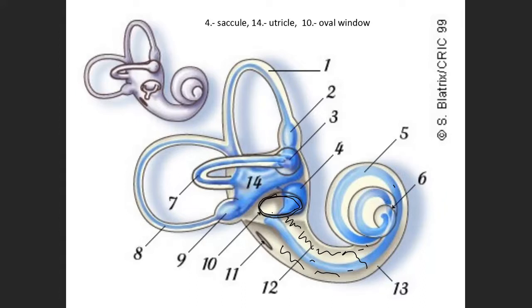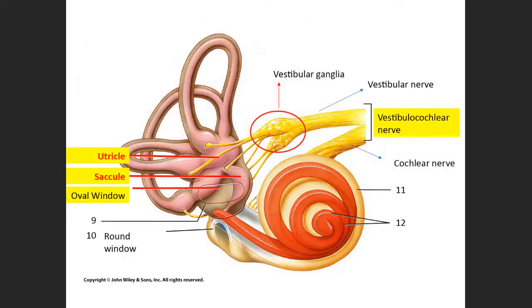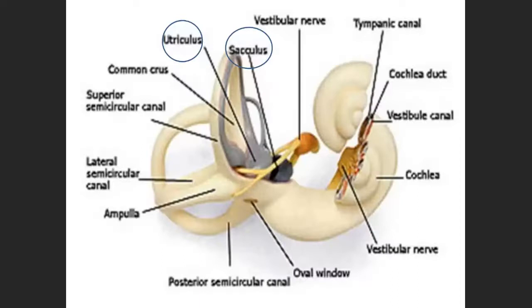So the route that the vibrations will take after they travel through the cochlea is they're going to go out through the round window, which is this little circle right here. The round window has an actual membrane on top, and the vibrations push on the membrane and dissipate the energy of the vibrations. The round window, you could think of it as the exit for the vibrations. And that's what that is right there.